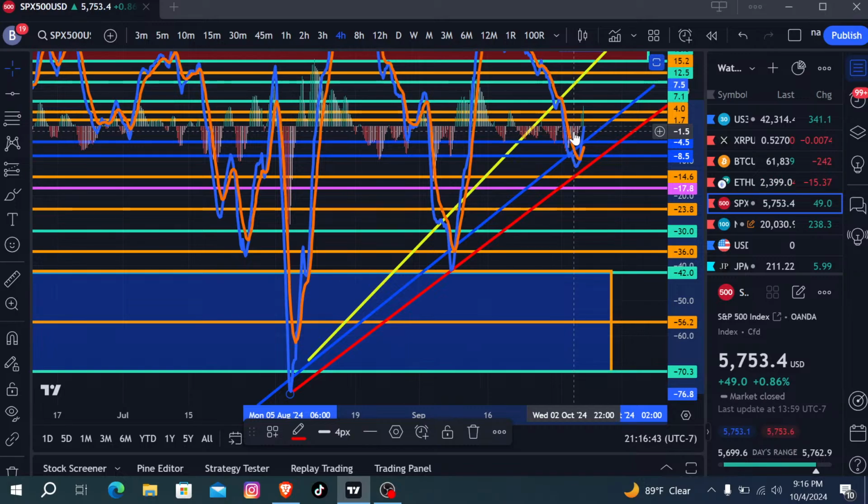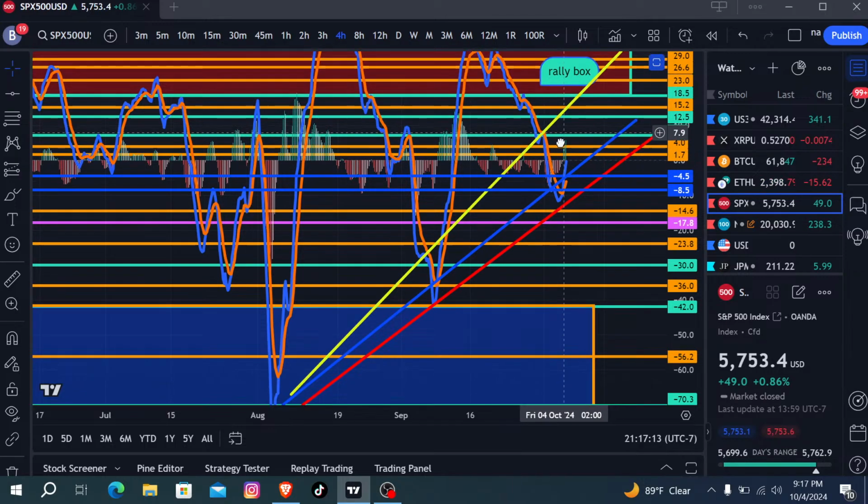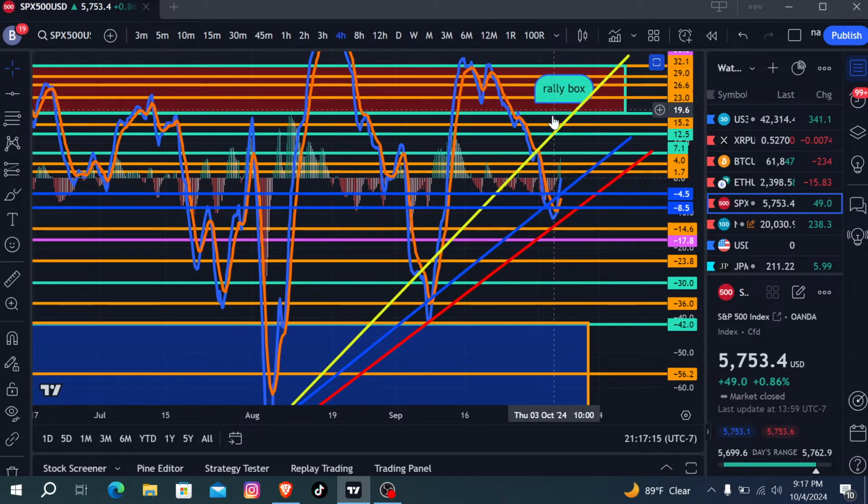So this could be the bottom point of a rally that could be happening from here to next Wednesday, from here to Friday, or, I mean, my bad, next week. Next week with the Fed and everything, this could be the bottom of a rally that we're gonna have, and then this could be our next checking point right here, and that continues, and so on, and so on.